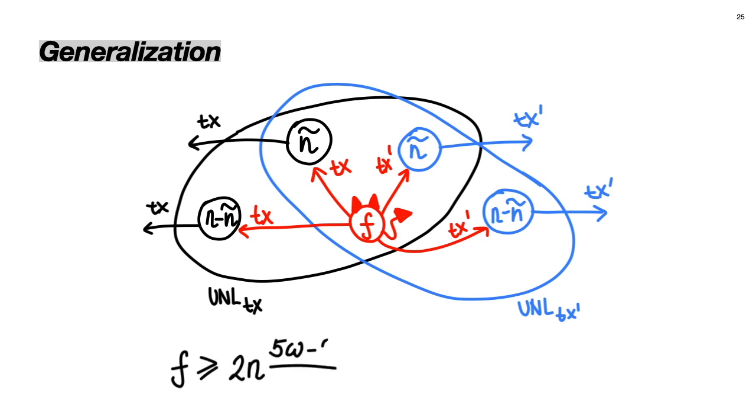Instead of going step by step, trust me, it's the same as we introduced before, and we can derive the following condition on the number of faulty nodes. F needs to be greater or equal than 2n, this is the number of honest nodes, times a fraction that depends on omega, which is the overlapping of the 2 different UNLs that we consider. One interesting case is that when the overlapping approaches 1, we need that f is greater than more or less n.